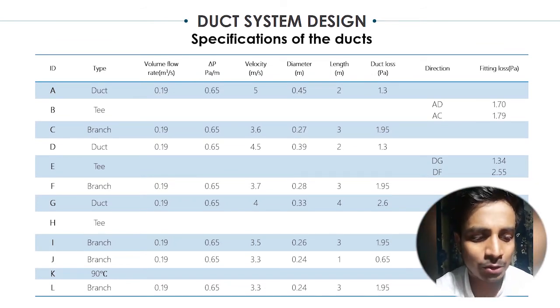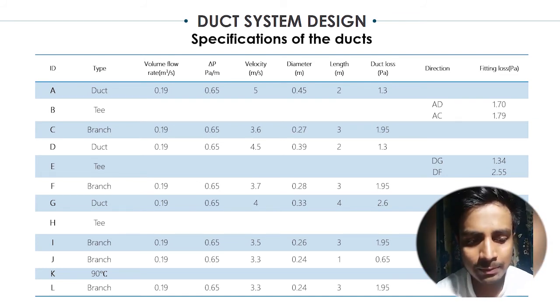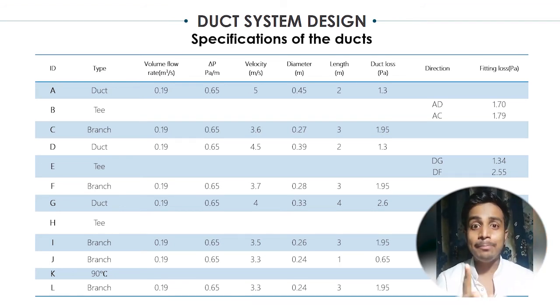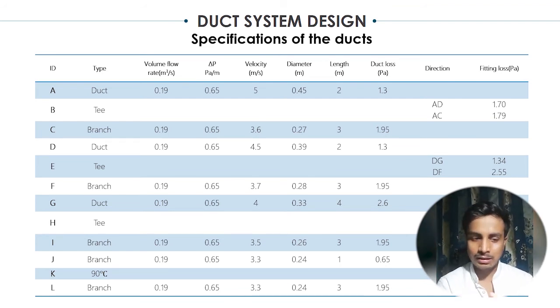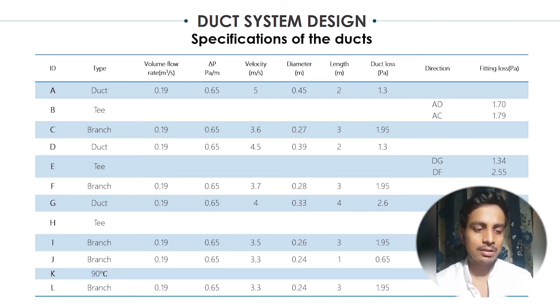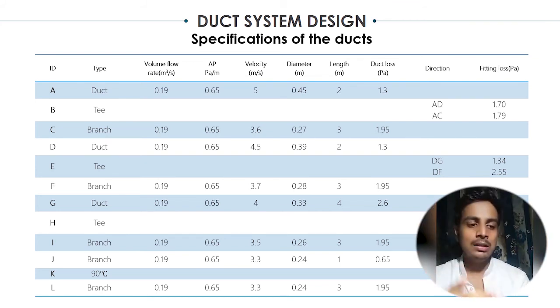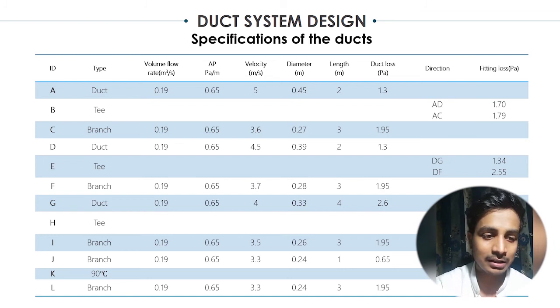We basically calculate by the equal friction method. Let me tell you the first point, A point is called duct, and there is a B point, and that B point is called T, first goes in C and other goes straight, and D point is duct, and so on, which I mentioned in that chart.